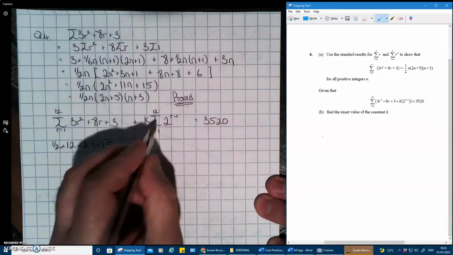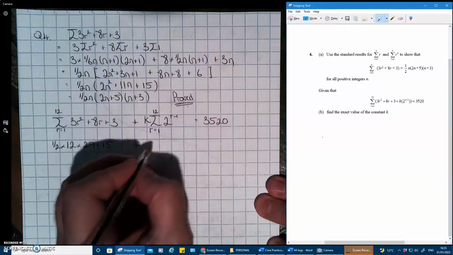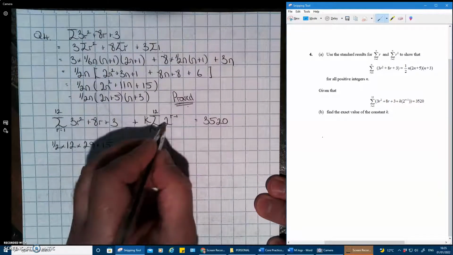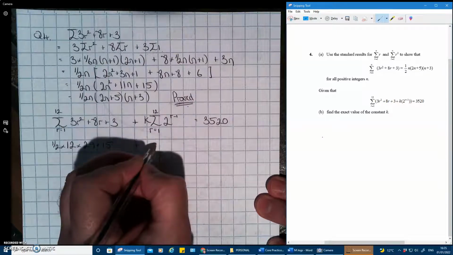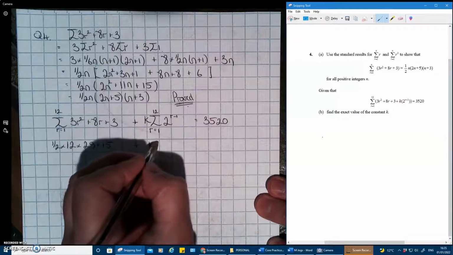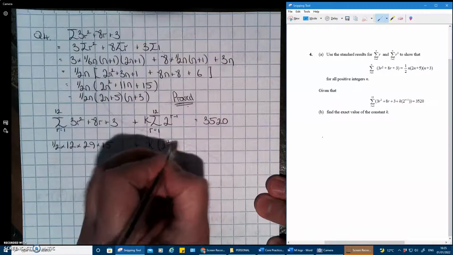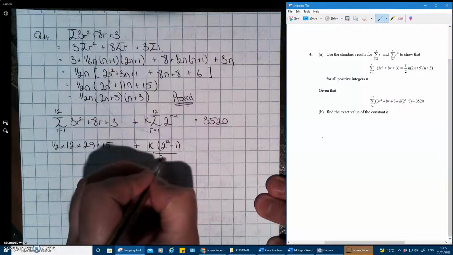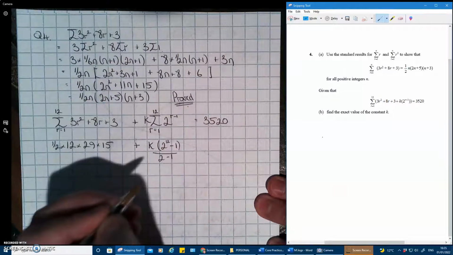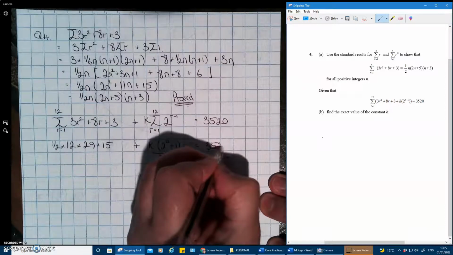This is a geometric series, and the formula for geometric series is a, which is 2 to the 0, which is 1. I've got k here, obviously. K, then a, which is 1, 2 to the 12 minus 1 over 2 minus 1. We know that equals 3520.